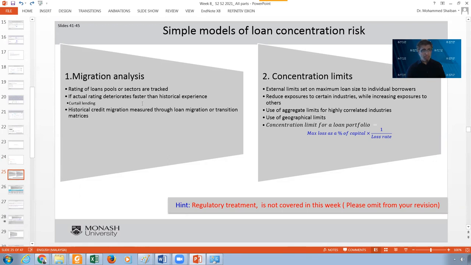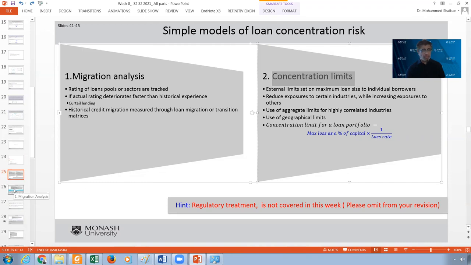You are not responsible for the regulatory models. So if you see it in your slides, I'm not concentrating on it; you will see another box for the regulatory models. We are not covering them. We are just concentrating on those 2.